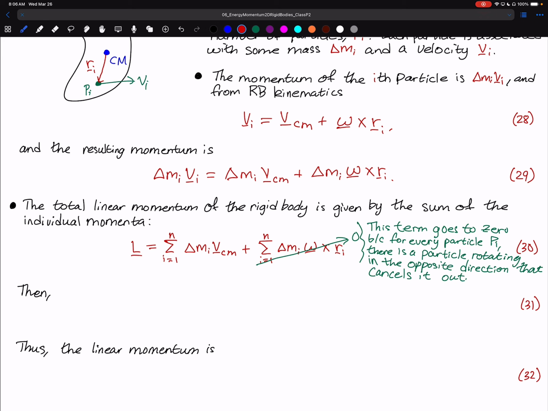So we should point out that this is still translational momentum. We will deal with rotational momentum in a moment.